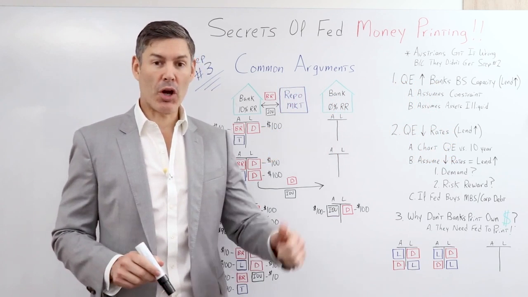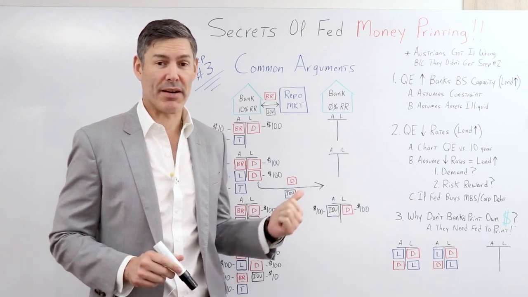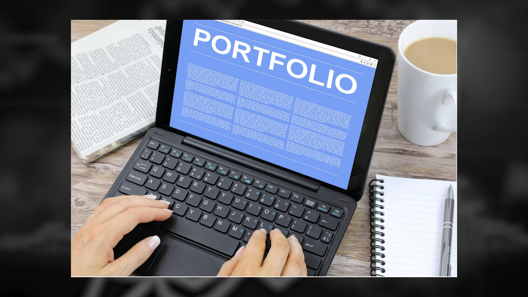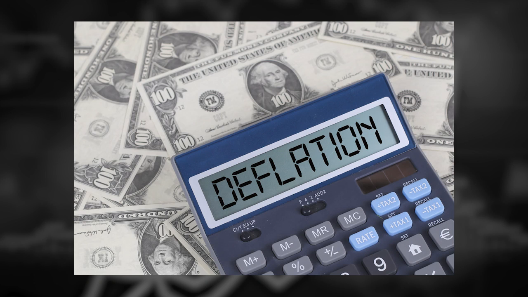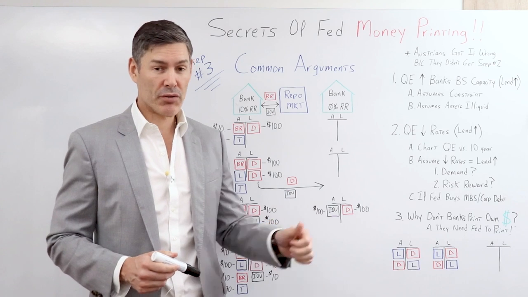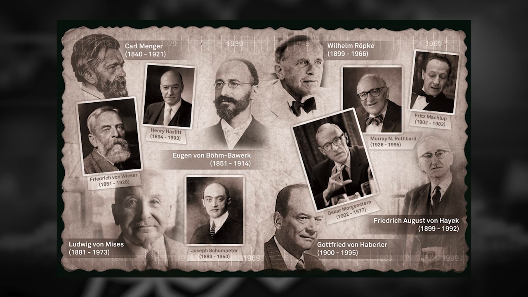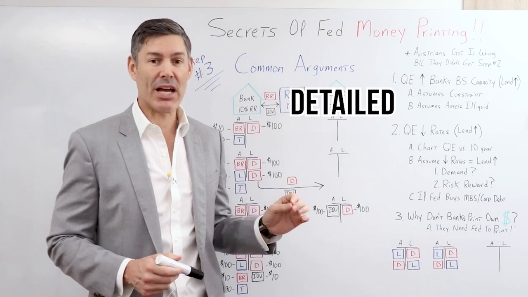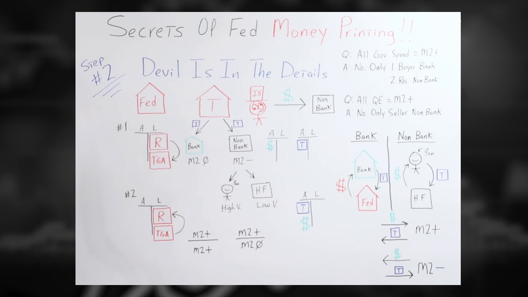Before we go any further, I want to go back to step number 2, another important reason you understand this stuff, not only for your portfolio, not only for understanding inflation, disinflation, deflation, but let's remember, let's go back to 2008, the GFC. The Austrians didn't have a detailed understanding of what we went over in step number 2.